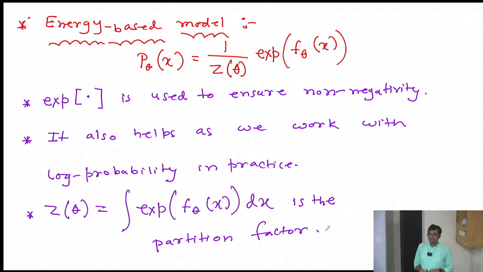But remember, it is constant for a given theta. If theta changes, it will change. It is not a function of x, but it is a function of theta, and that is going to be painful for us because theta is what we want to train for, which means we will not be able to ignore this z of theta during training, whenever we reach that point, not today.